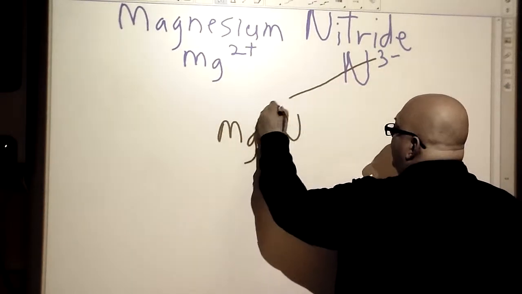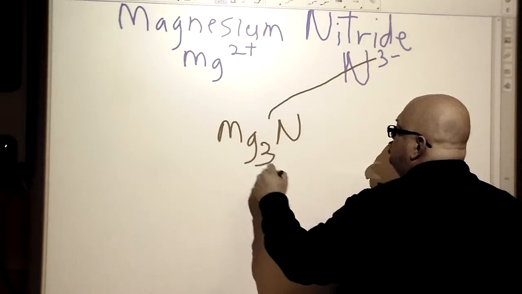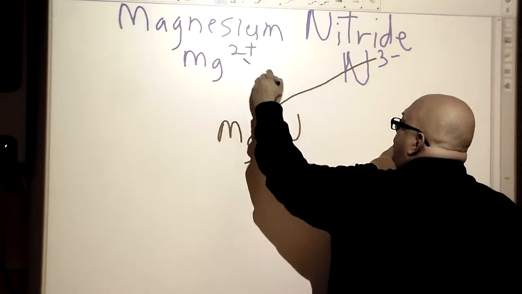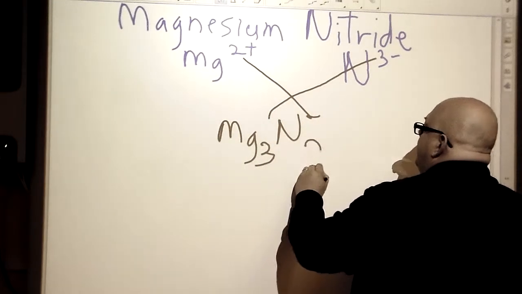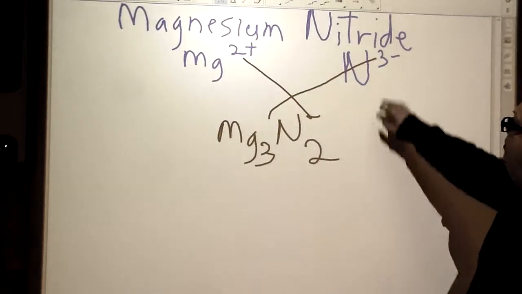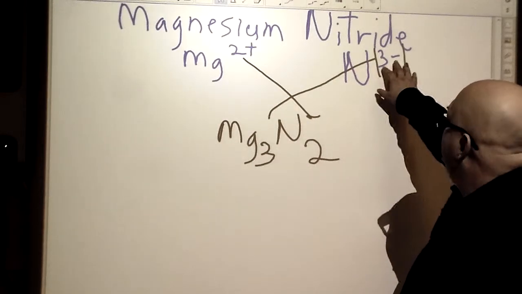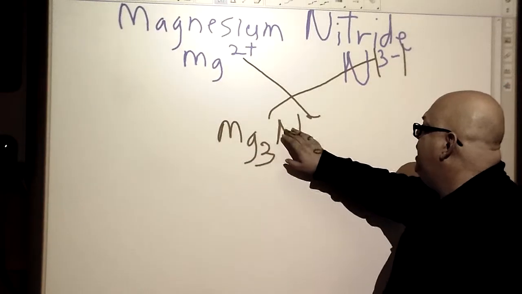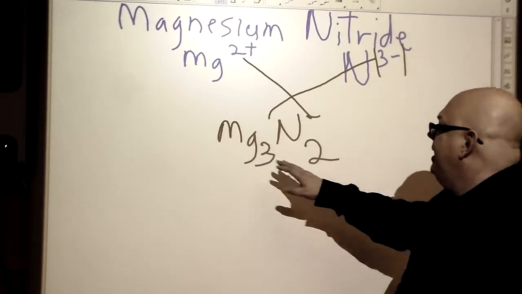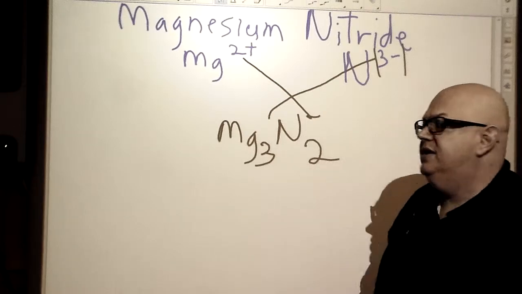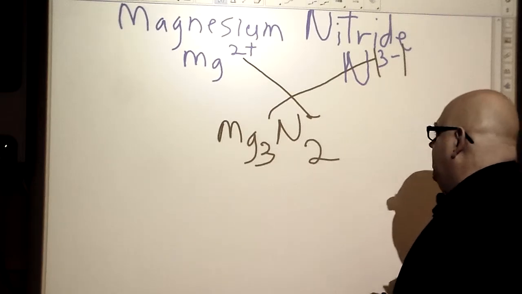We're bringing the 3 down. So we're making an Mg3. Here we bring the 2 down and we make the N2. Now remember the 3, we're going to make it an absolute value for it. So now you have Mg3N2. Magnesium nitride. That sounds like a fun little thing to play with.